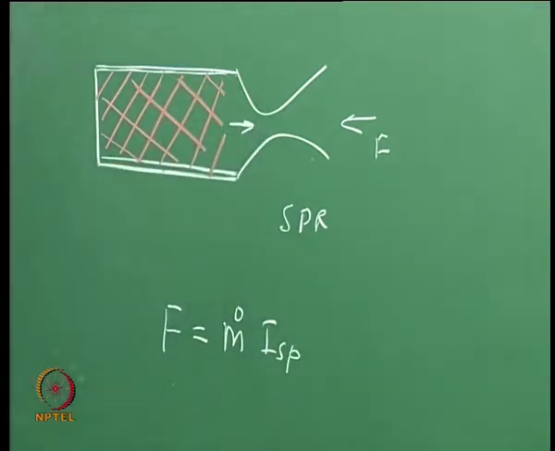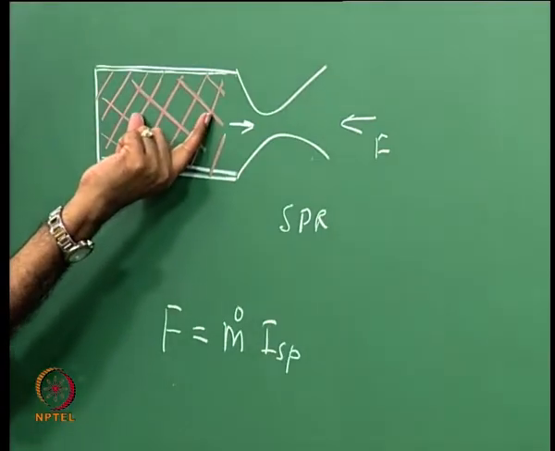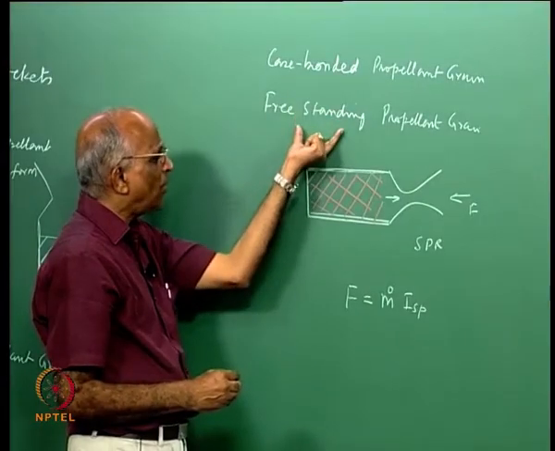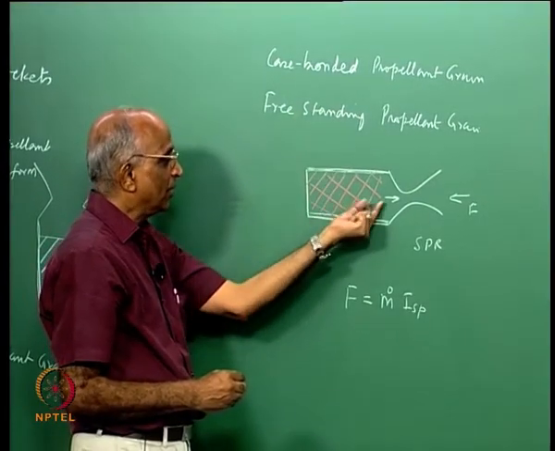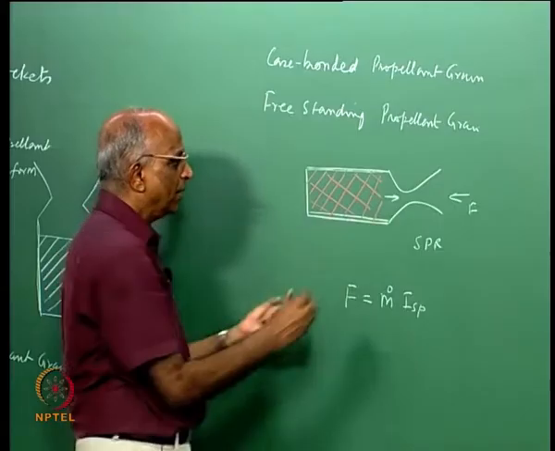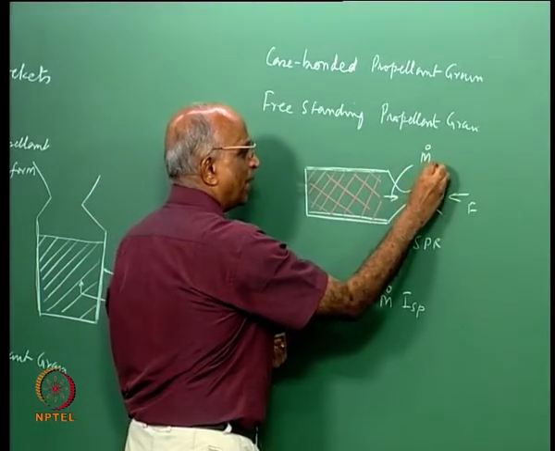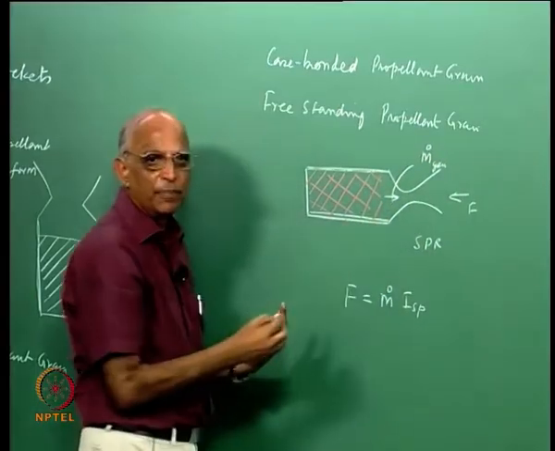Therefore, in today's class we will first examine how you make a propellant grain, which could be one of the two, case bonded or freestanding, from which if I ignite it and start burning it, how do I ensure that I have a sufficient amount of mass getting generated from the propellant.